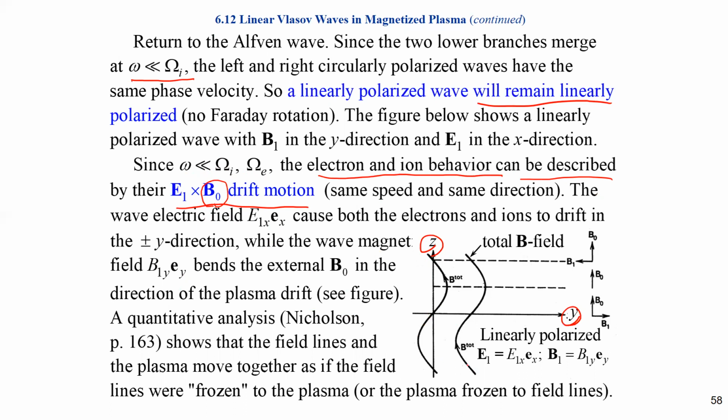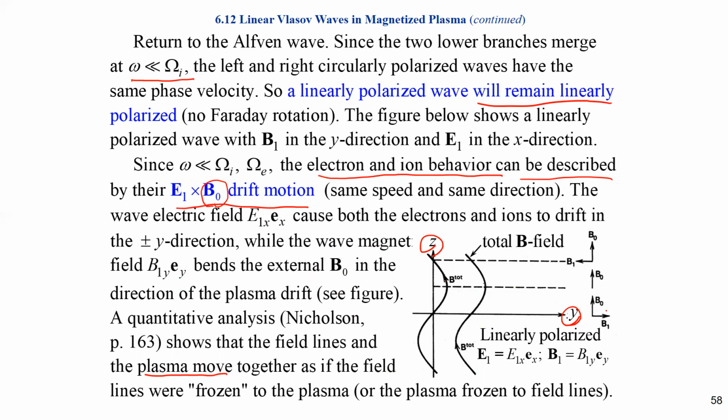B0 is in the Z direction, so that will be the same direction as the drift in B1. So it looks like it's an E cross B drift. It looks like the behavior will be the plasma moves together as if the field line changed.